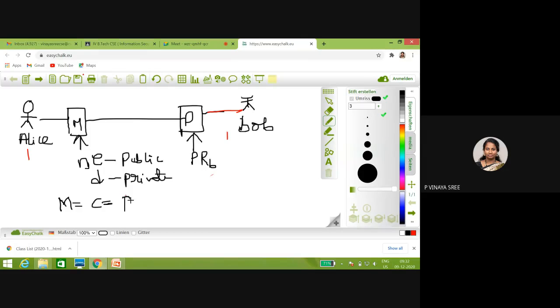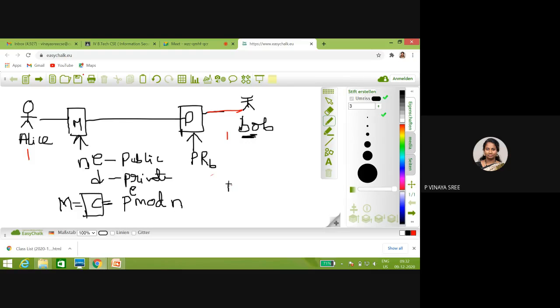P is your plain text. Let us suppose the plain text that you want to send is 12. So 12 means internally there will be some value for that plain text. E is your public key, mod n. So you will be generating the ciphertext. Next, using the public key of Bob, Alice will encrypt this with plain text P to the power E mod n.